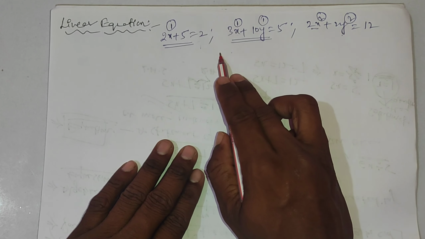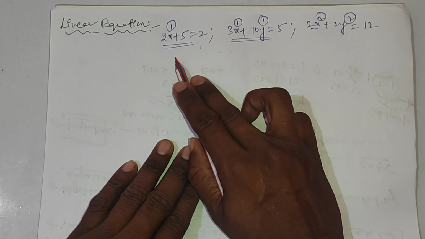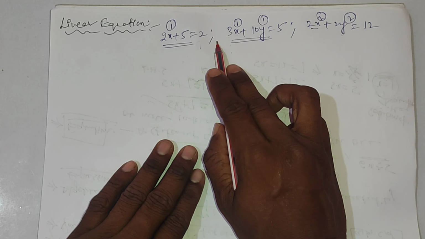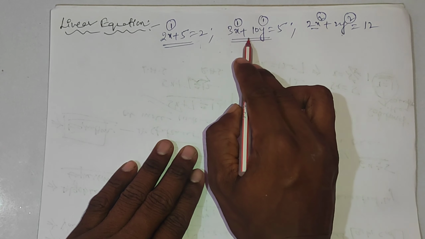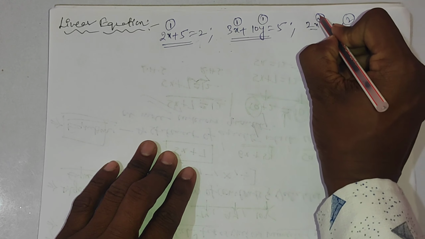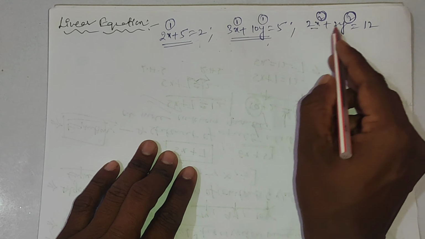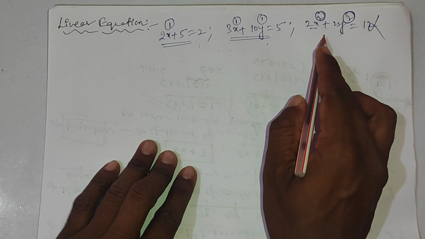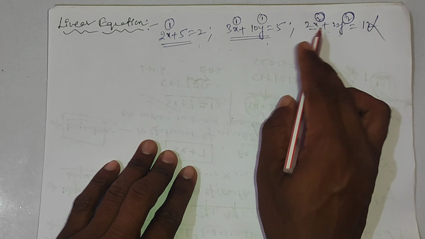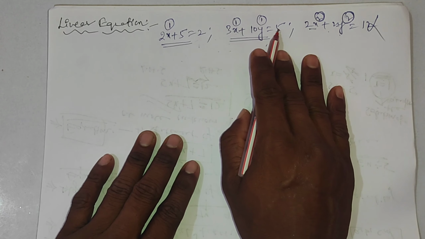So these are called what? Linear equations, because the degree is 1. The third one has degree 2, so this is not a linear equation. If the degree of the equation is 1, that is called a linear equation.